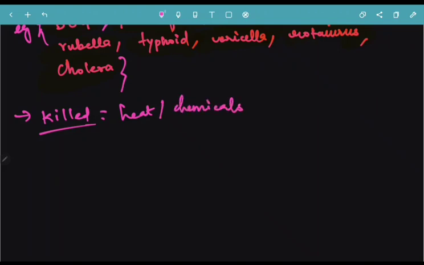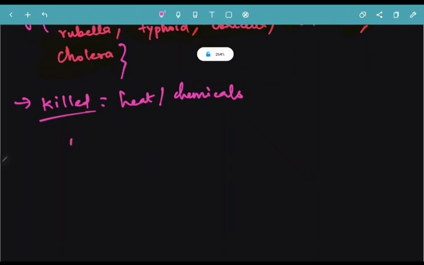Now when injected into the body, they stimulate active immunity. So basically, in killed vaccines, all the bacteria or virus are there, but we have inactivated them.